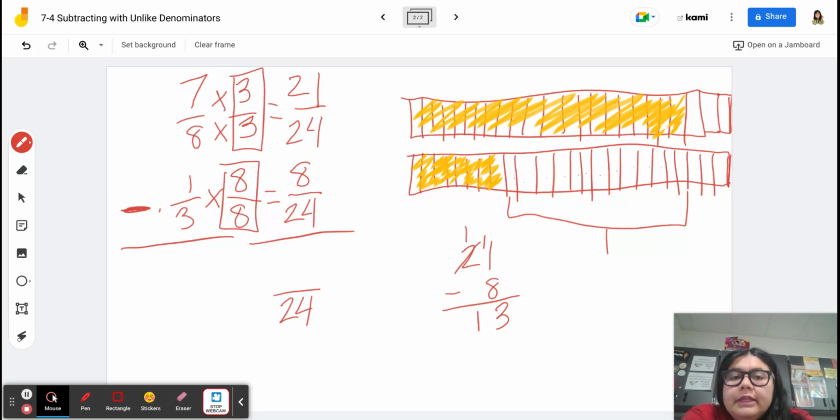And that gives me the same thing, 13. So 13 what? Well, I didn't cut up more parts. I just have 24ths minus 24ths. The difference between these parts is still 24ths. Those are the size of those pieces. A 24th and a 24th and a 24th, and I have 13 of those. So my answer will be 13 24ths.